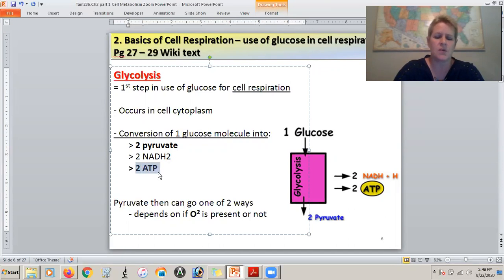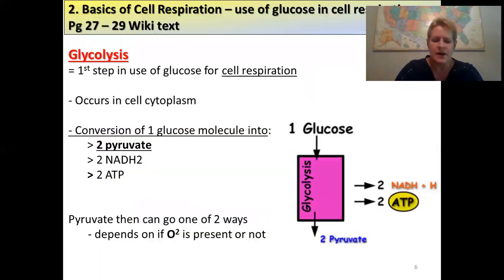And for those of you who are really more attentive about this stuff, I know that in glycolysis, you actually make 4 ATP, but 2 ATP are used up in the process, so you only get 2 net ATP. So if you learned that, yes, I know that, but what you have to use is 2 ATP as a result. And now that pyruvate can go one of 2 directions.